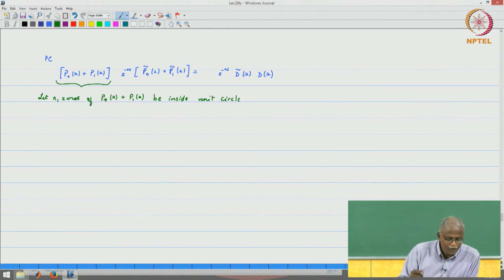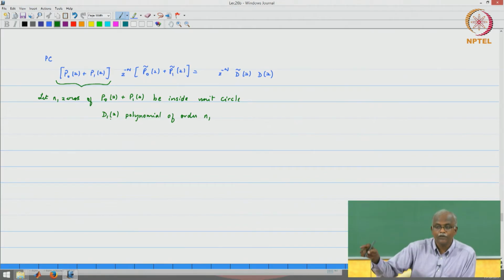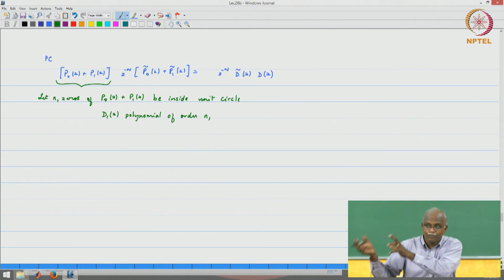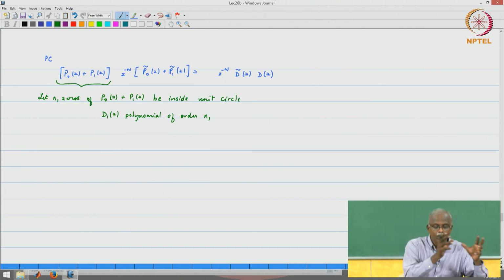So we will call this factor D1. D1 of Z is a polynomial of order n1. So where will these zeros come from? D1 will be a subset of D of Z, because D of Z has zeros inside the unit circle. Some subset of it got captured by P naught plus P1.